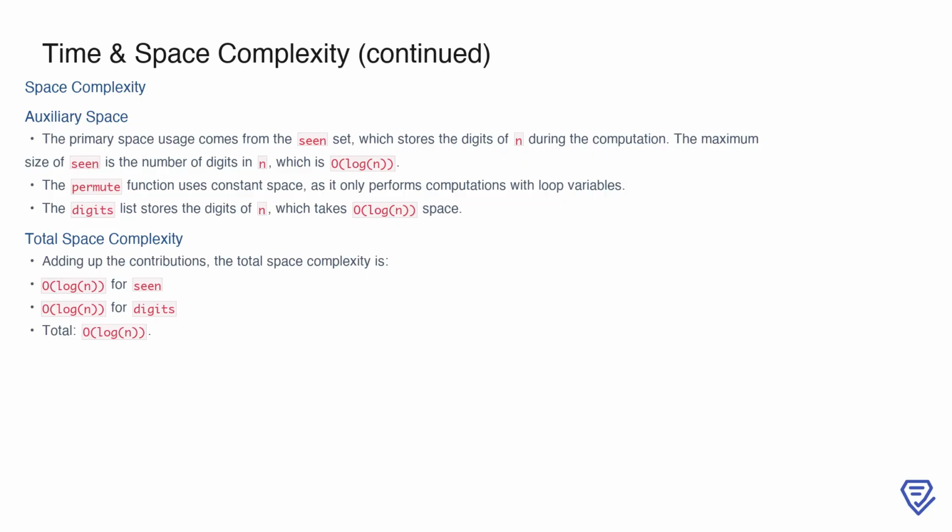Additionally, the permute function employs constant space, as it only processes loop variables and does not store additional large data structures. The digits list, which holds the individual digits of n, also requires O(log n) space proportional to the number of digits. When we combine these contributions, the total space complexity of the solution is O(log n), making it efficient in terms of memory usage.